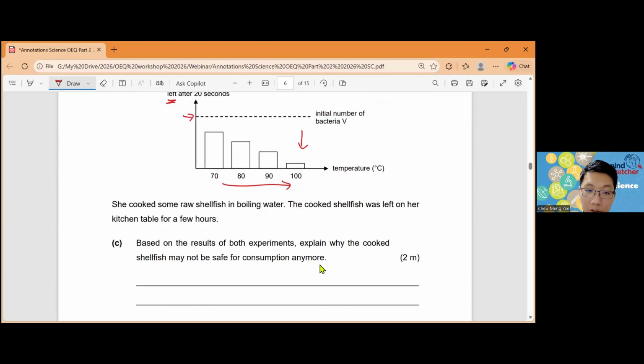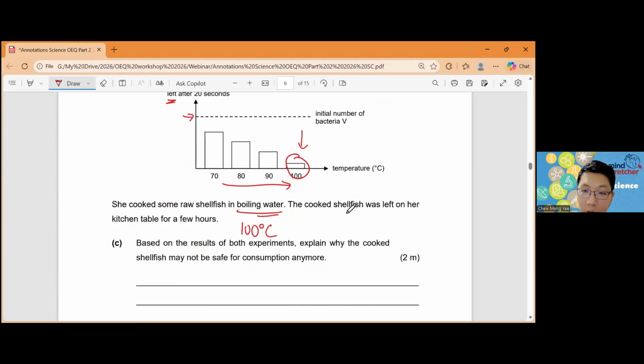So she cooked some raw shellfish in boiling water. Now, what's the temperature of boiling water? Yes, 100 degrees Celsius. Okay, so boiling water, 100 degrees Celsius, and we are then focusing on this.